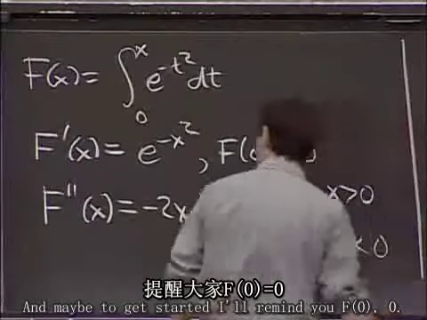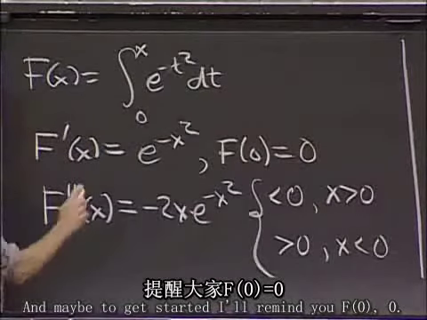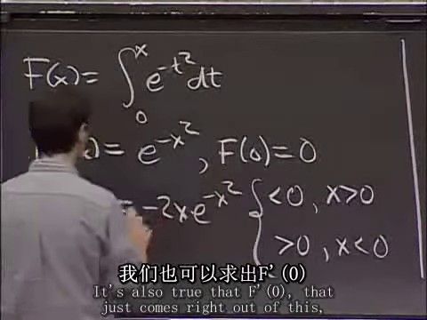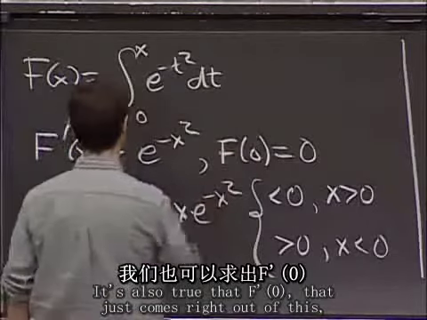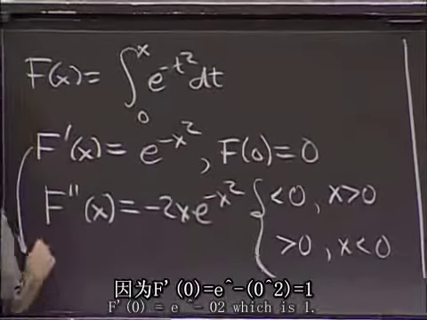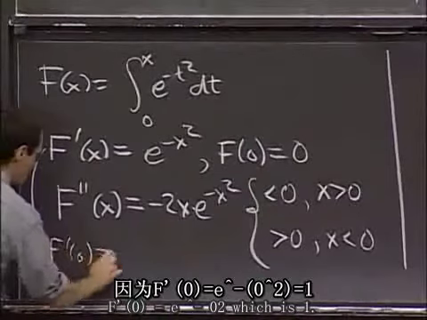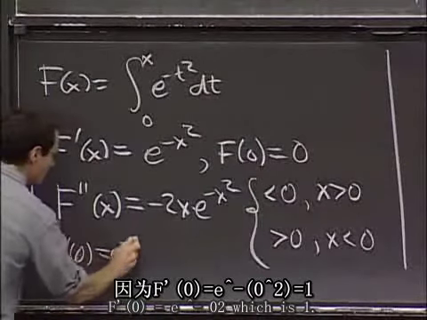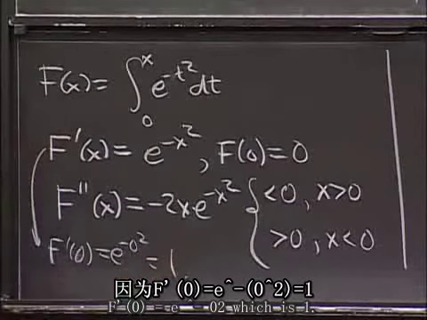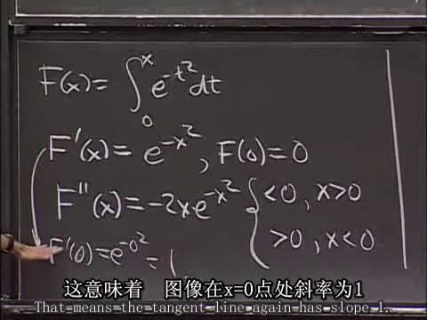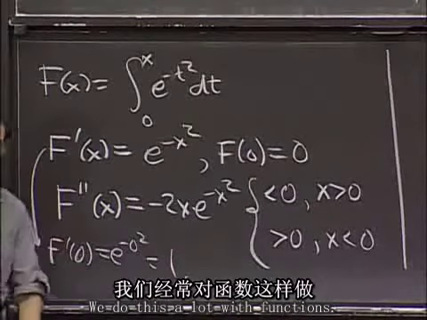And to get started, I'll remind you, f of 0 is 0, and it's also true that f prime of 0 comes right out of this. F prime of 0 is e to the minus 0 squared, which is 1. That means the tangent line again has slope 1. We do this a lot with functions.